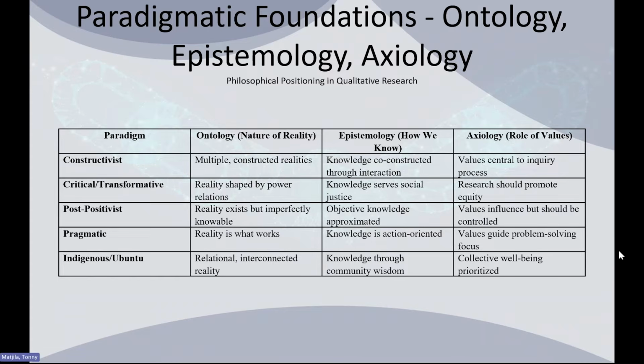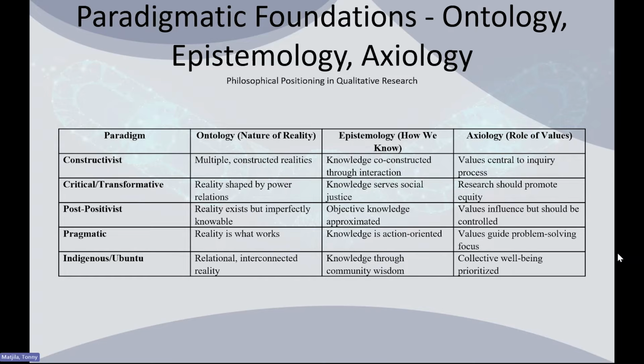So do you believe in one truth or multiple truths? And epistemology, on the other hand, is concerned with knowledge and how it is created, through objective observation or subjective interpretation. And axiology examines the role of values, which I think is very important, especially for qualitative researchers.